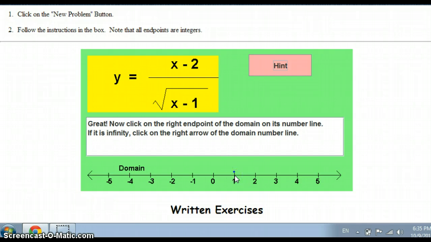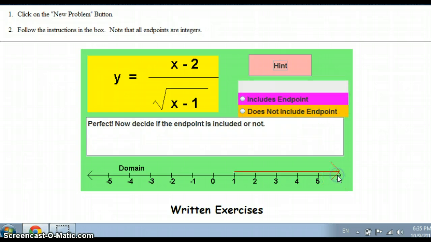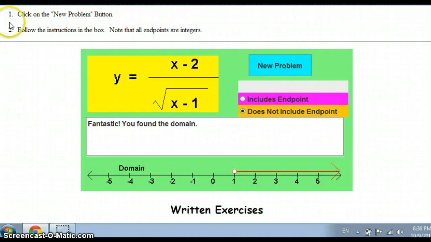And for your right endpoint, it would be towards positive infinity. Now let's decide if the endpoint is included or not. If we have 1 as your x, the denominator will be equal to 0. So that means that you cannot include it as the endpoint.